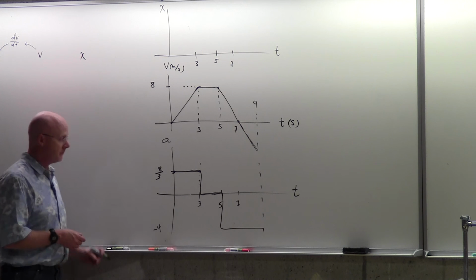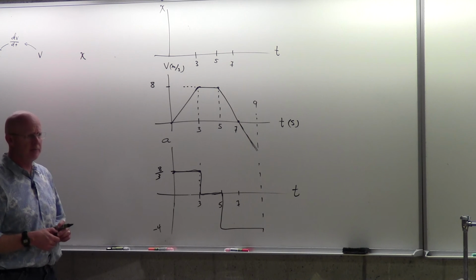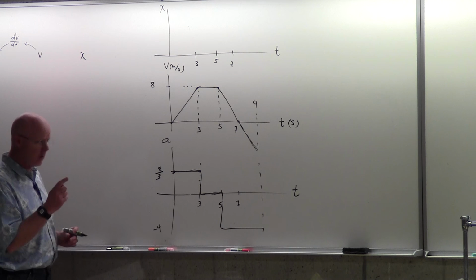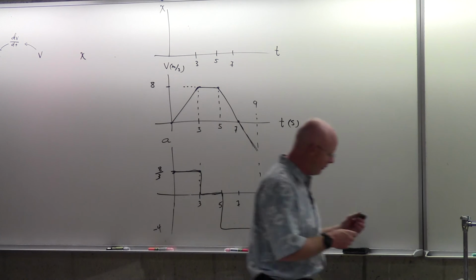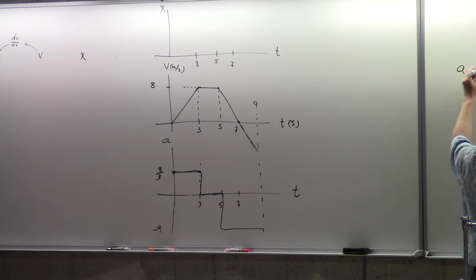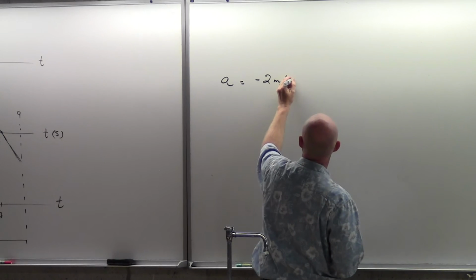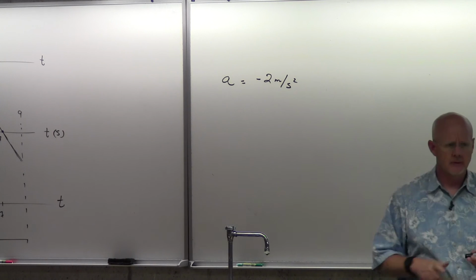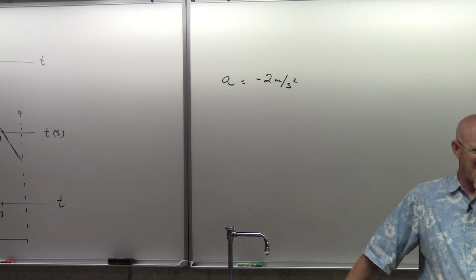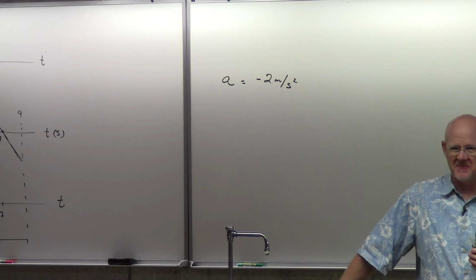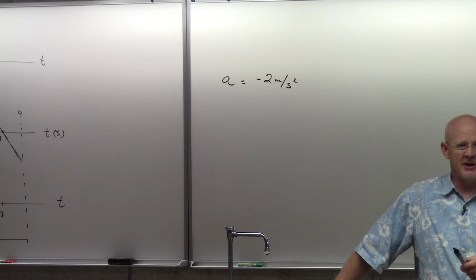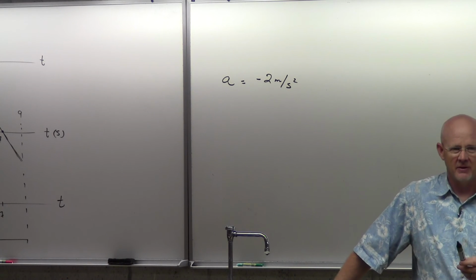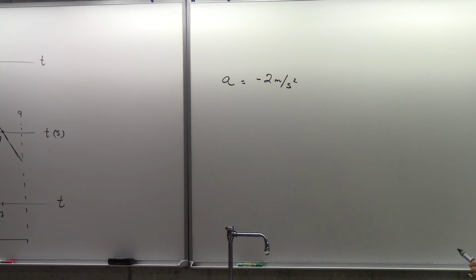Okay? So maybe this is a good time to answer this question. If I came over here and I told you the acceleration is -2 meters per second each second, is the object speeding up or slowing down? Yeah, we don't know if it's speeding up or slowing down. Well, let's read this carefully.